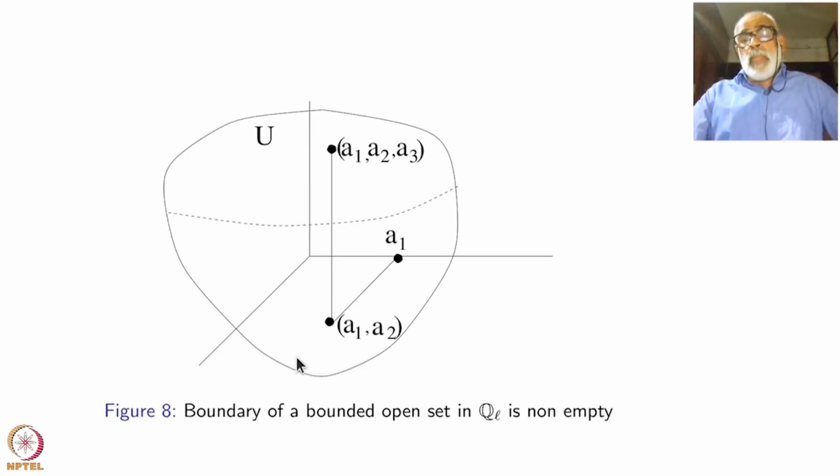Having chosen a1, a2, ..., an, a(n+1) will be chosen. The first n coordinates remain the same, and the next coordinate will be chosen so that the distance of this point to the complement is less than 1 by n.